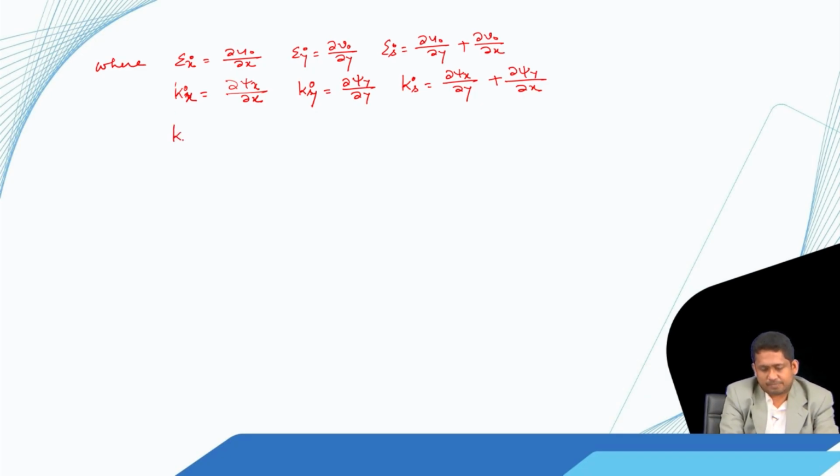Then comes the higher order kappas. So, kappa x 2, and those are the new terms in this theory.